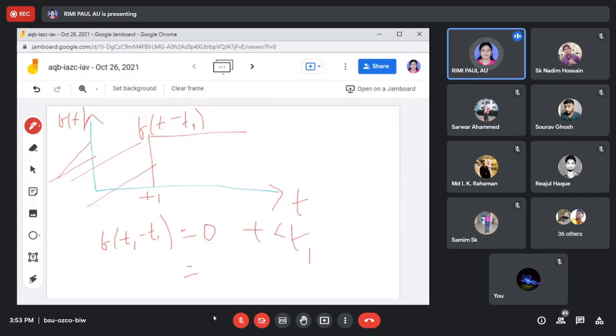If it is 1, then you will represent it as a unit step function. I am coming to that later, so I am writing just k. The function is the same, but it is now shifted. How can I represent it? In the previous case, for t less than 0 the value was 0. Now for t less than t1 the value is 0, and for t greater than or equal to t1 the value is k.